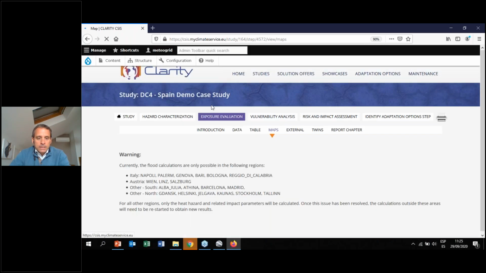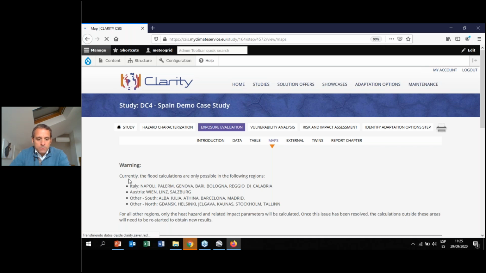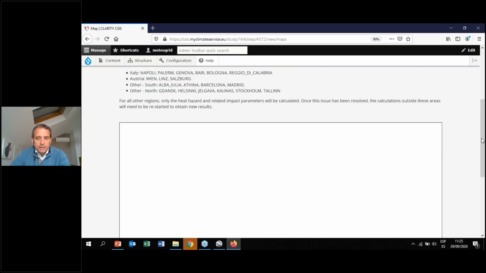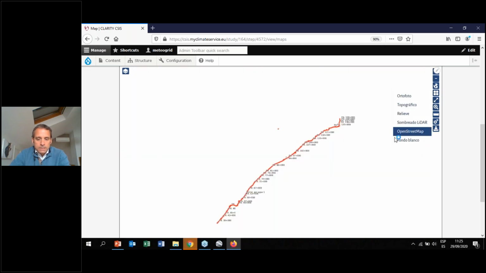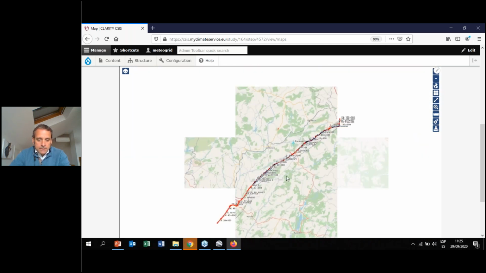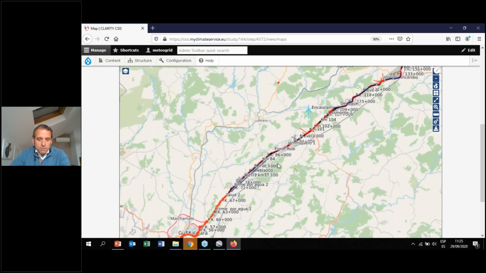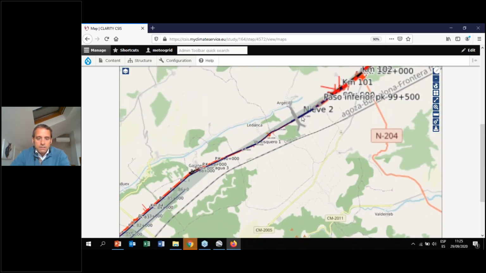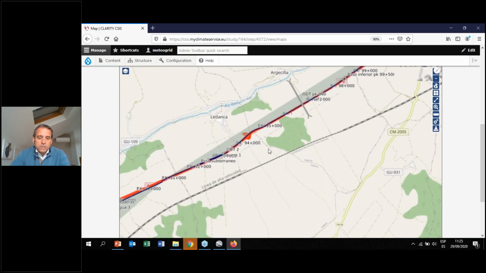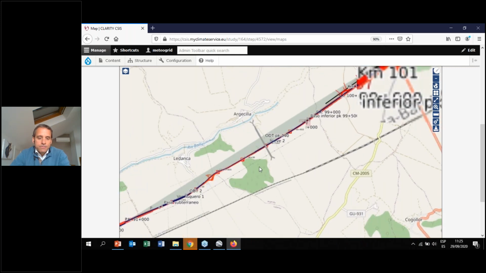So we went to the exposure evaluation step. Again, the map has to be loaded, and we can zoom. For example, we have identified here different bridges and different infrastructures of the road which may be of interest for the analysis.